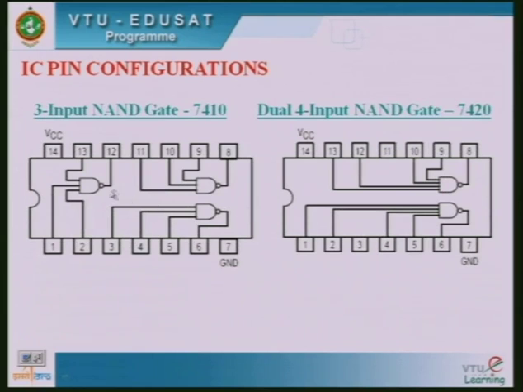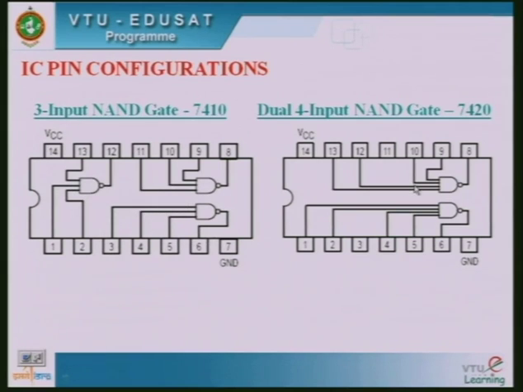But most of the time we have taken the 4 input NAND gate, and here there is a 7420. So here 1, 2, 3, 4 inputs are there. Here 1, 2, 3 inputs are there, 1 output is there. For the 3 input NAND gate, only 3 circuits can be accommodated within the 12 pins.